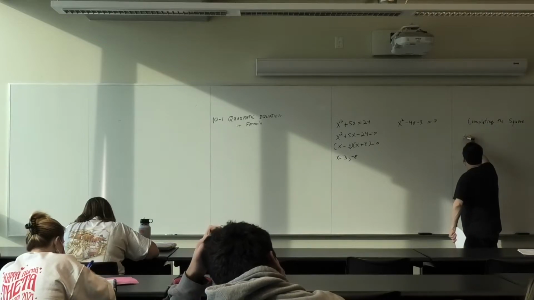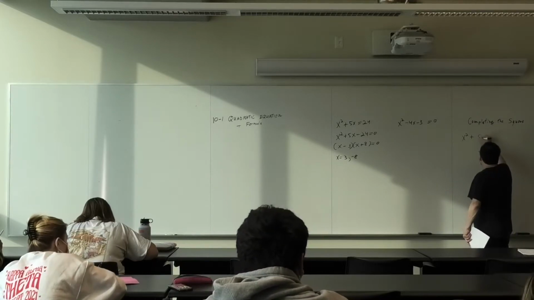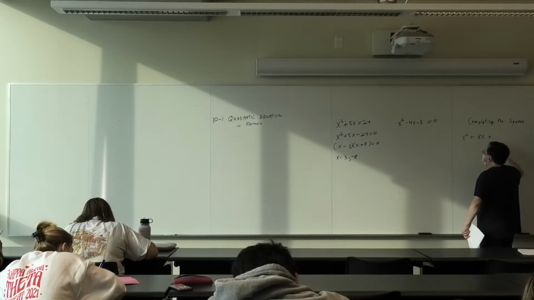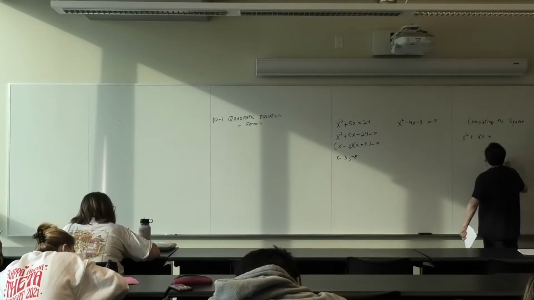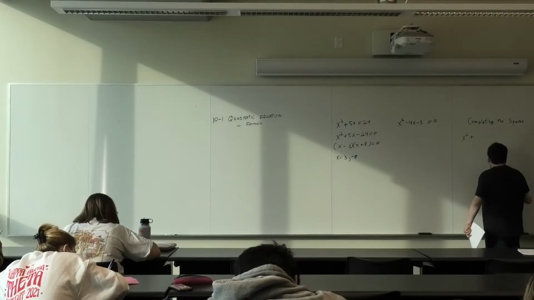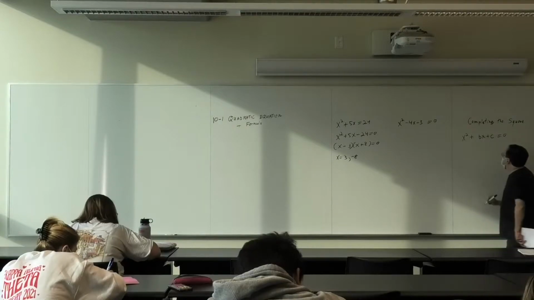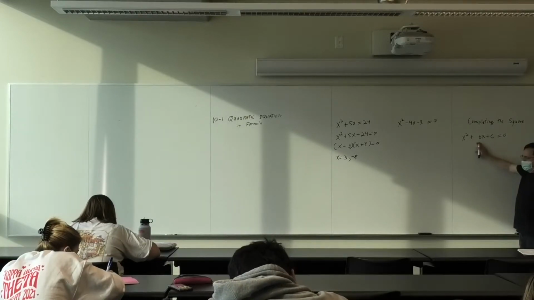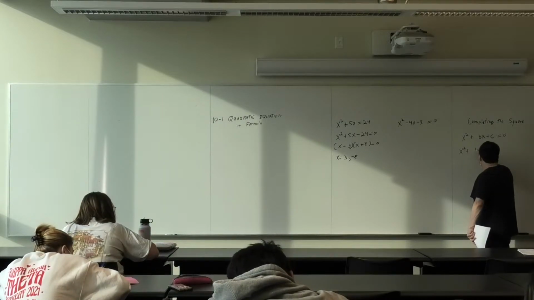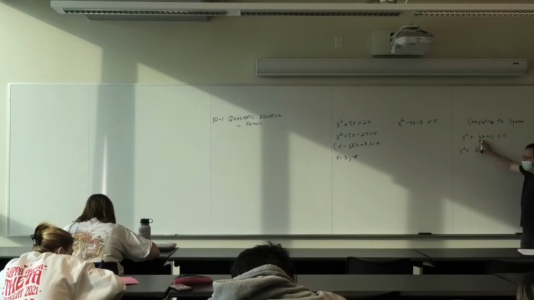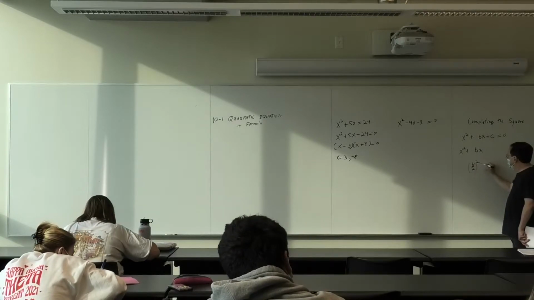Well, you have something like this. And you take b and you perform this little kind of magic on it. You divide it by 2 and you square it.